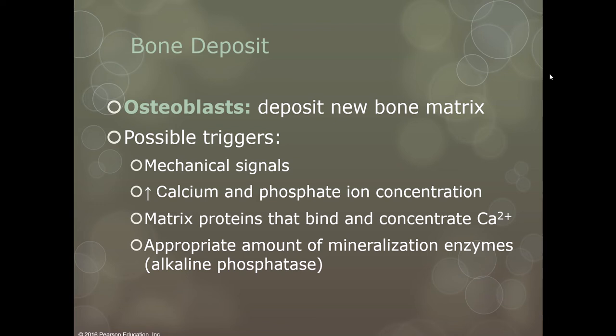We also don't make new bony tissue unless we've got sufficient levels of calcium, as well as the proteins that bind and concentrate the calcium, and we have to have enough mineralization enzymes. If we don't have enough calcium, enough binding proteins, and enough enzymes to bring in the calcium and really get it in there, then typically we will not make new bone tissue.